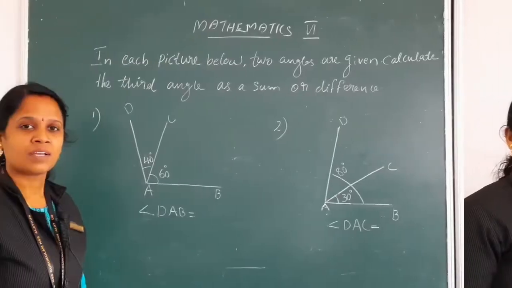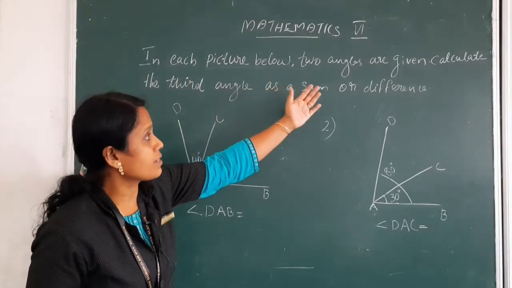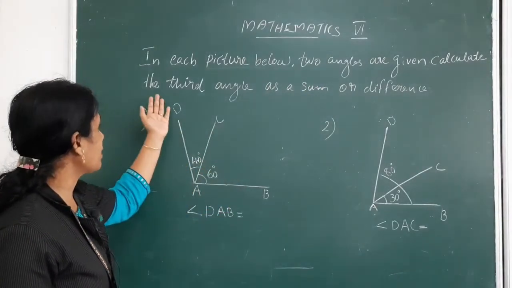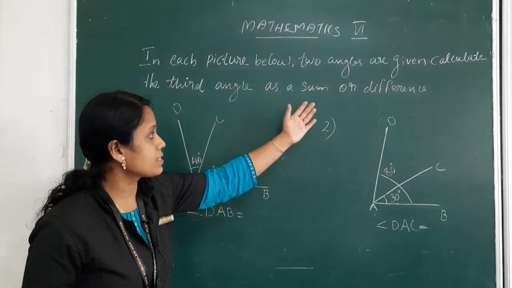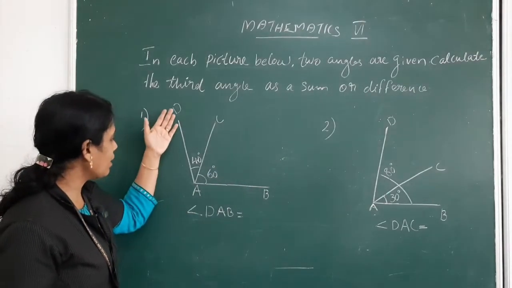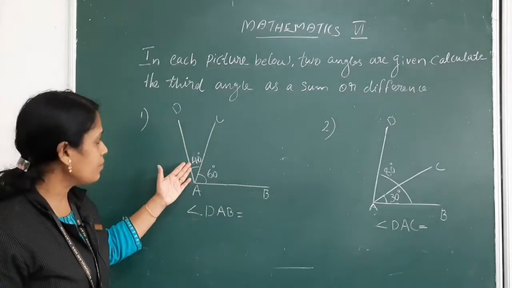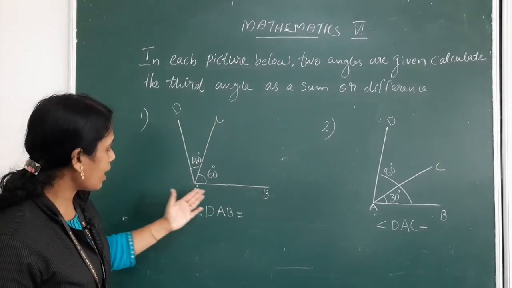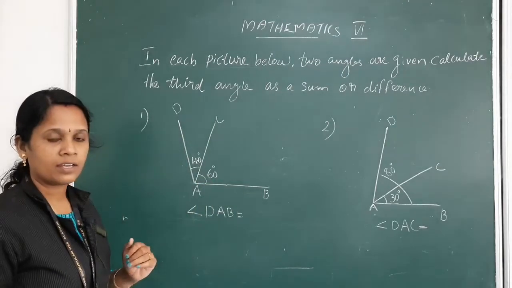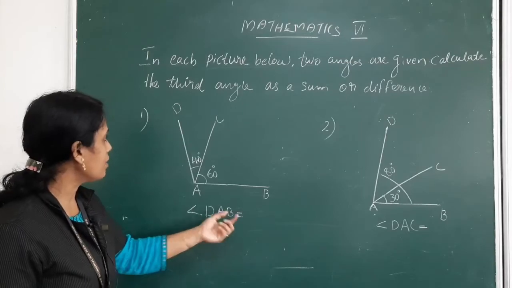Okay, here question is, in each picture below two angles are given, calculate the third angle as a sum or difference. So here angle DAC 40 degree, angle CAB 60 degree. Here we have to find out angle DAB.